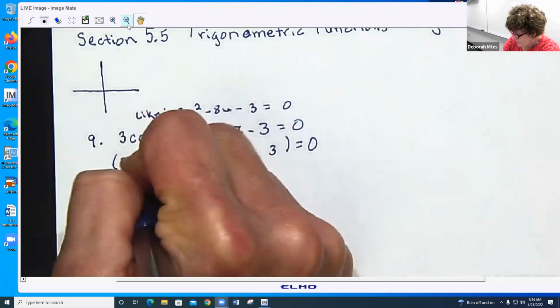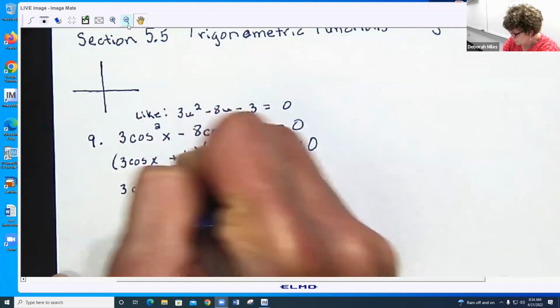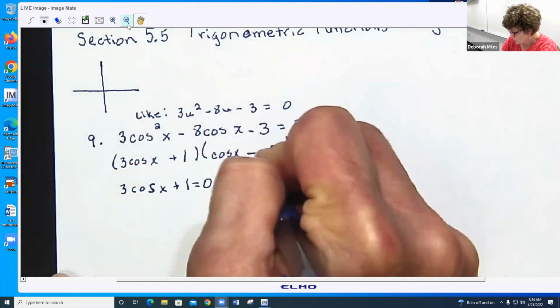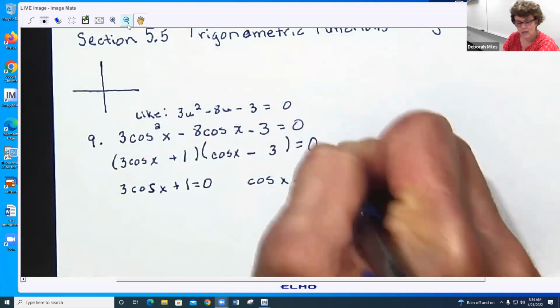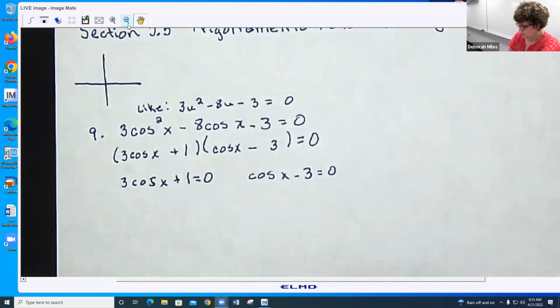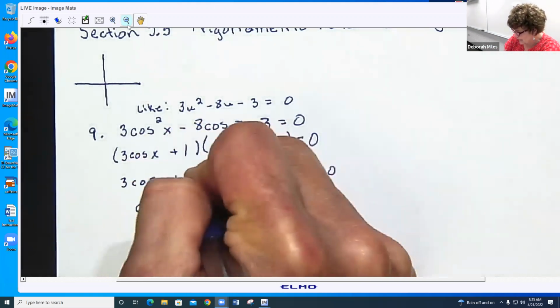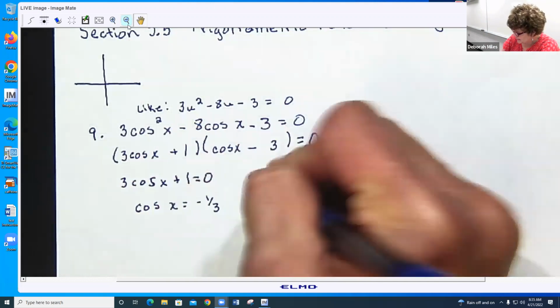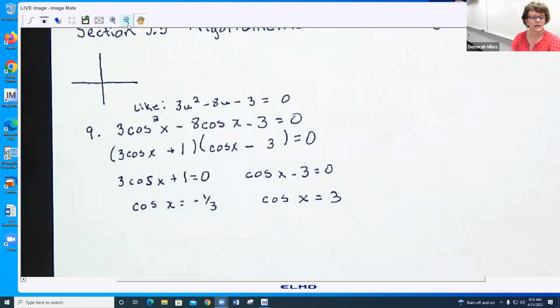I'm going to set each factor equal to 0. And I'm going to isolate the trig expression. So in the first equation, I'd have cosine x equals negative 1/3. And in the second equation, I'd have cosine x equals 3.